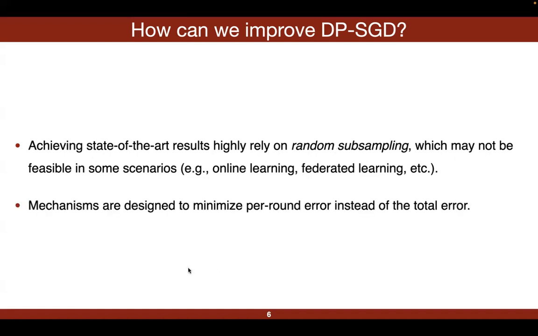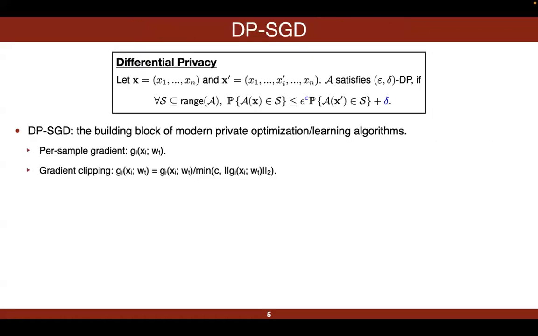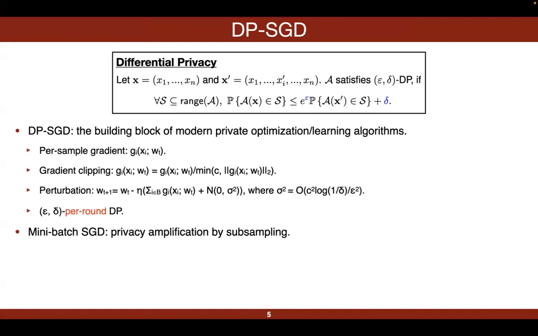And the second issue is that the previous DP-SGD mechanism is designed with respect to minimizing the per run error instead of the total error. I will be more specific at this point, but you can imagine that in DP-SGD, in each run, we are trying to minimize the noise added at this mini batch gradient estimate stage.